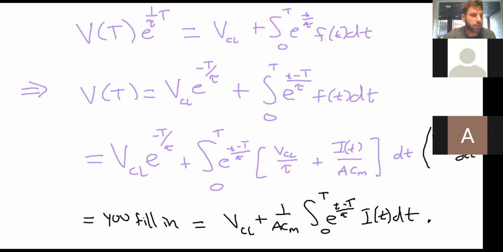And let me fix this. This is very sloppy. Again, I apologize. This is little t minus big T all over tau. And don't forget, little t is the variable here. In the integral, big T is the variable of integration. So this is also a first for many of you.